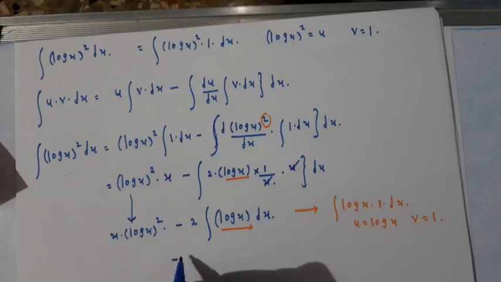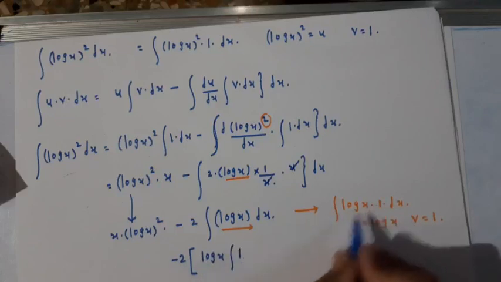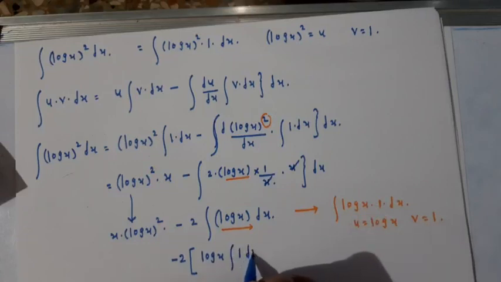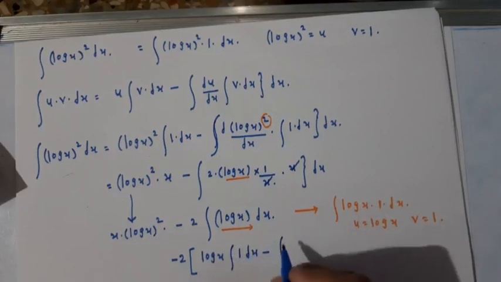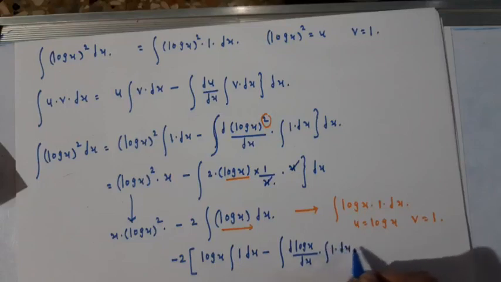The minus sign will be as it is, into the bracket log of x into 1, that is u, log of x, outside the integration, and in the integration v, meaning 1 with respect to x, minus the integration of the differentiation of log of x with respect to x into the integration of 1 with respect to x, and the whole integration with respect to x, plus the constant of integration c.